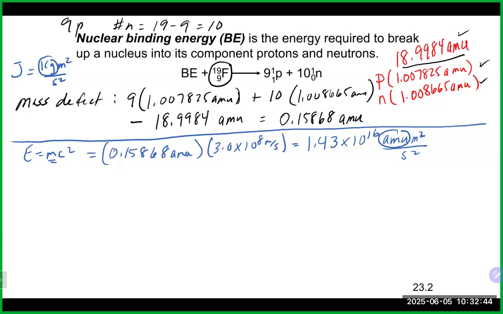To do that, we can take our number we just got and divide it by our friend here, Avogadro's number, 6.022 times 10 to the 26th, not 23, because when I do 23, that is per gram.